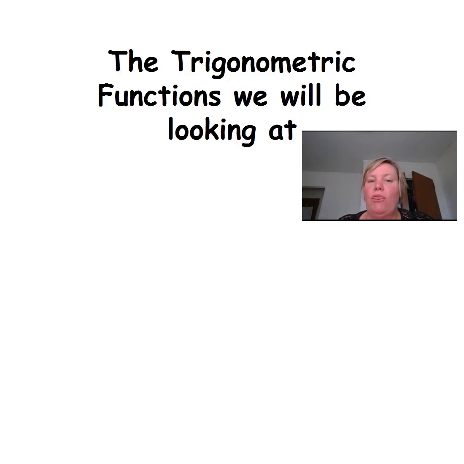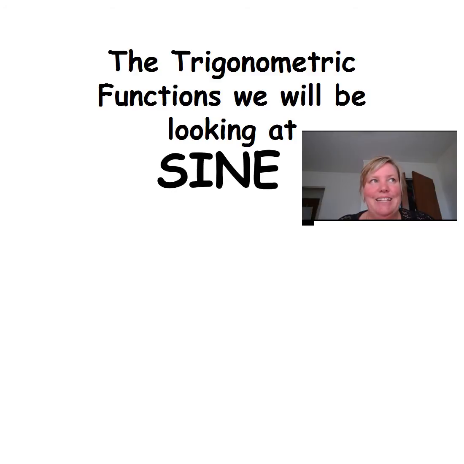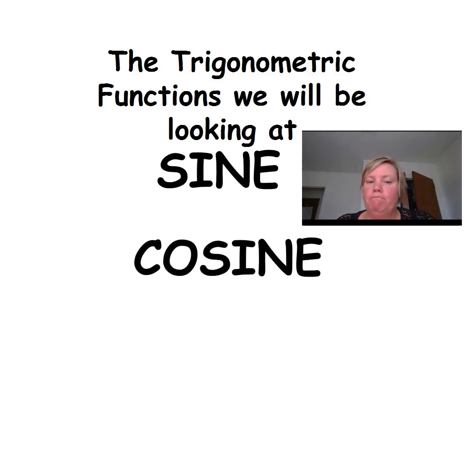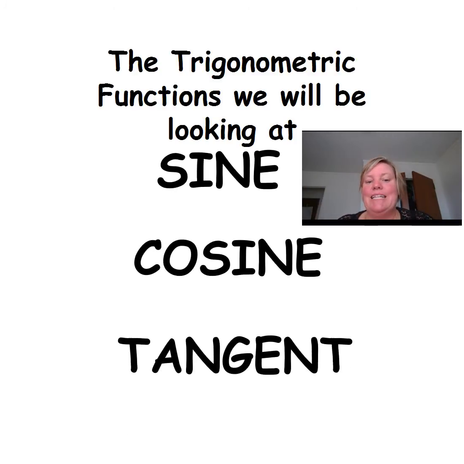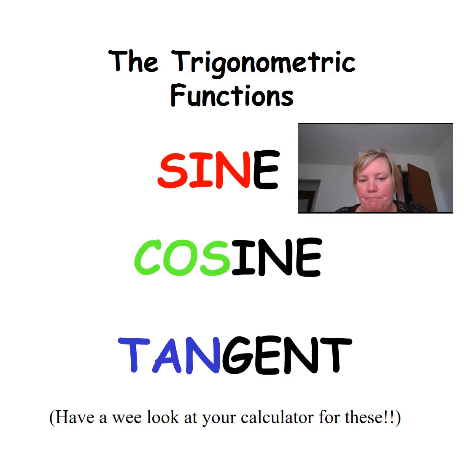We're going to look at three trigonometric functions. There's sine, cosine and tangent. Now have a look at the three letters at the front. The S-I-N, it's not pronounced sin, it's pronounced sine. Sine, cos, and tan.